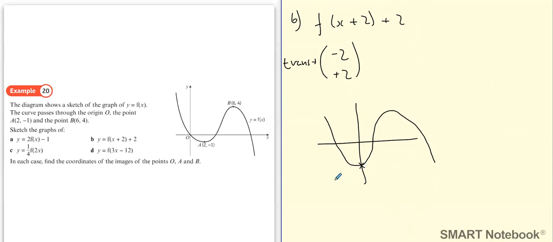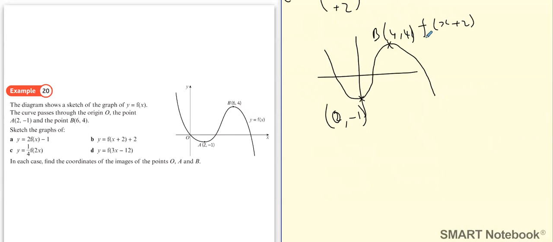So this is (0, -1). Let me just make it clear that I'm doing f of x plus 2, and this B now is (4, 4). Again, just so that you don't lose yourself. And then I've got plus 2. I need to move it up by 2.